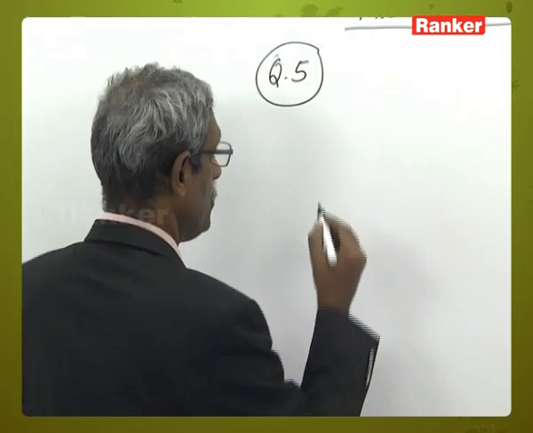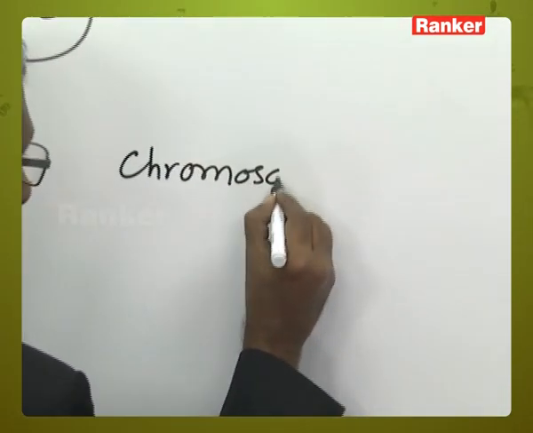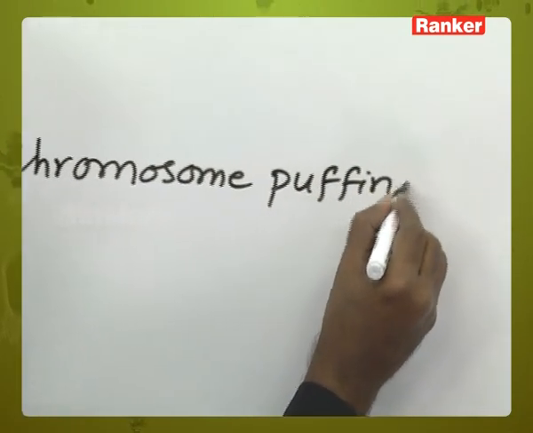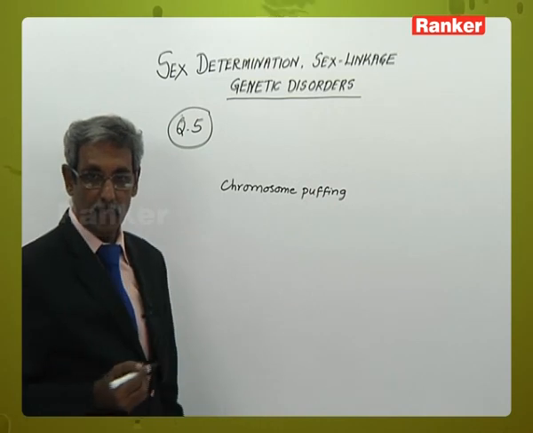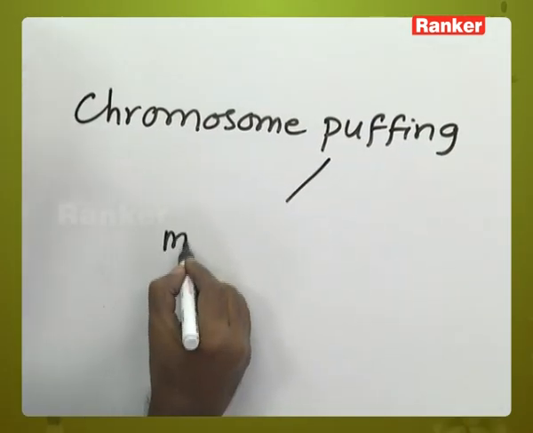Now, when you take chromosome puffing, the meaning of the term chromosome puffing is that chromosomes are metabolically active.